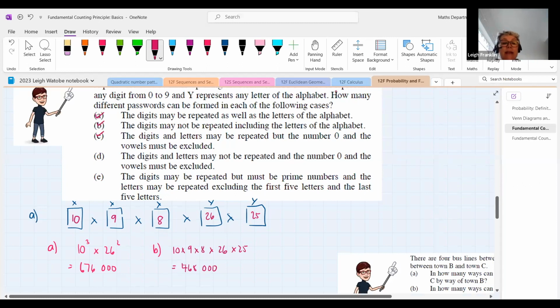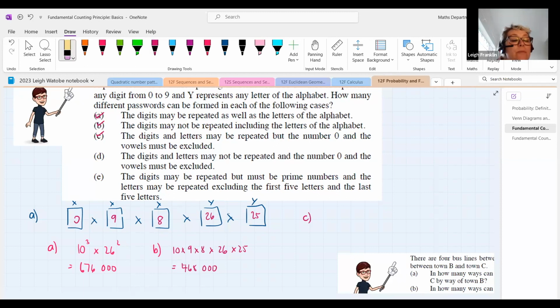The digits and letters may be repeated, but the number 0 and the vowels must be excluded. So again, let's go and rub this out and go back to the drawing board.